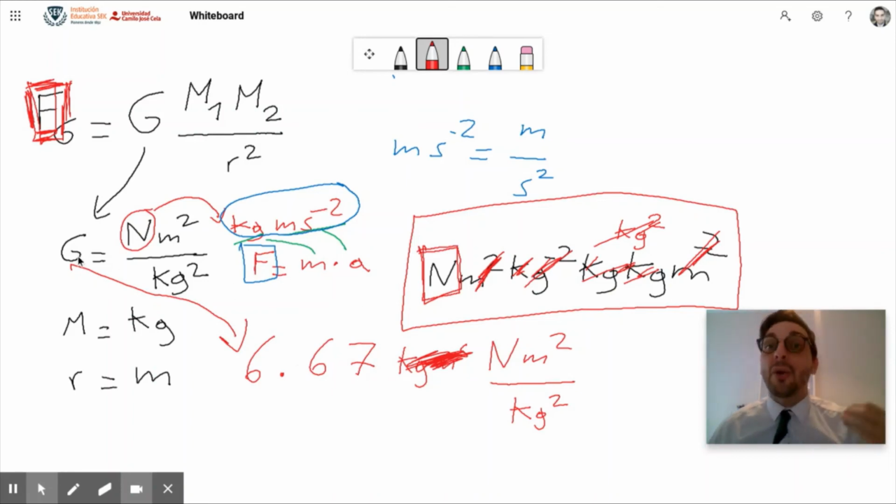G is the gravitational constant. Remember this, it never changes. It will always be 6.67. It cannot change. There is not a universe where you can put the gravitational constant as 5.57 or 5 or 4 or 3. No, it's like the number pi. It will always be 3.14. Always. There is not a universe where you can see pi as 2 or 3.